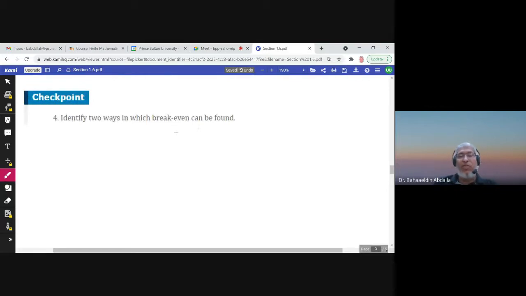Identify two ways in which break-even can be found. Well, we have seen that break-even can be found when the revenue equals the cost function. But if you remember the definition of the profit is the revenue minus the cost.